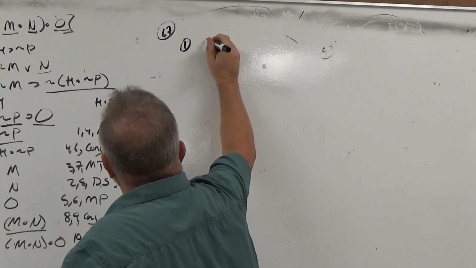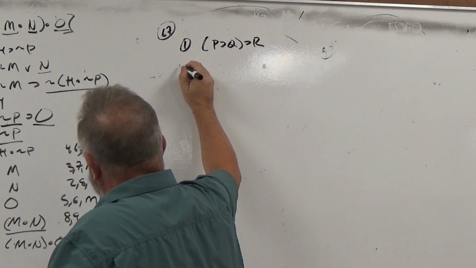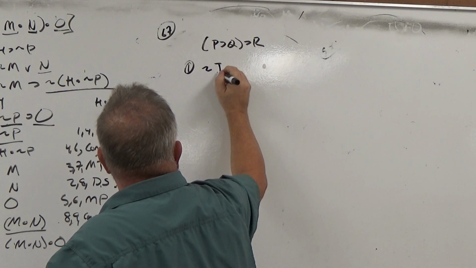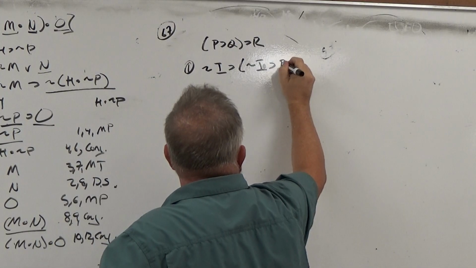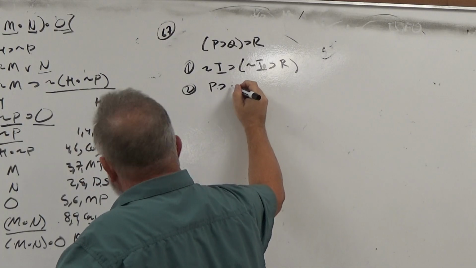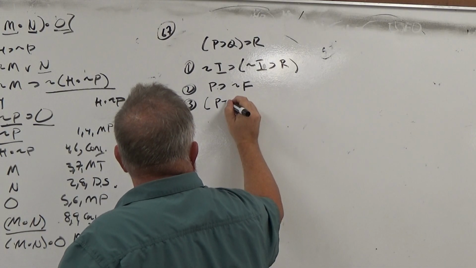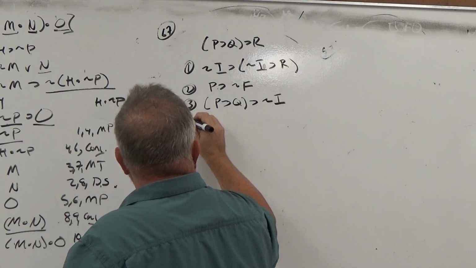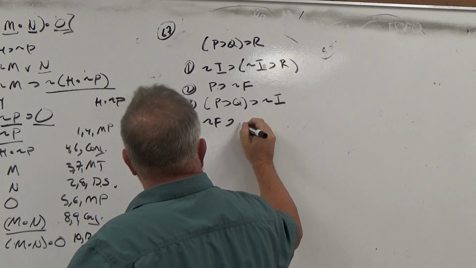We have to get to P then Q, then R. And 1 is not I, then R. And 2 is P, then not F. And 3 is P, then Q, then not I. And 4 is not F, then Q.